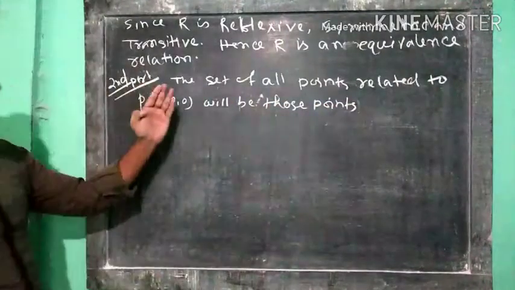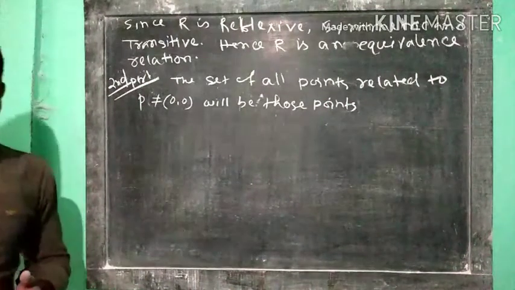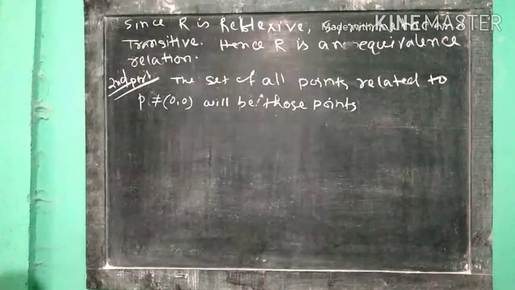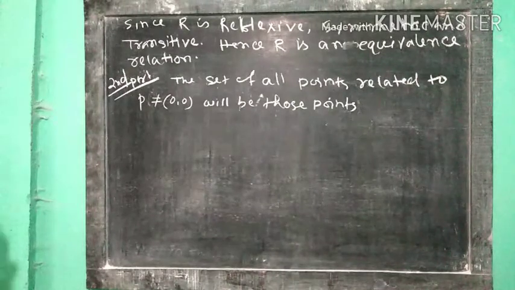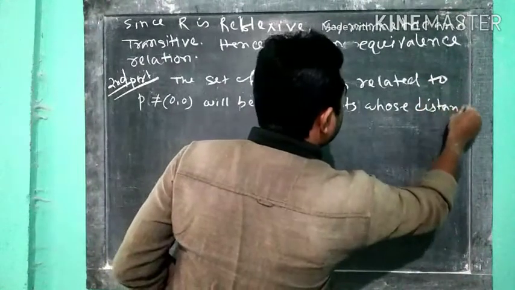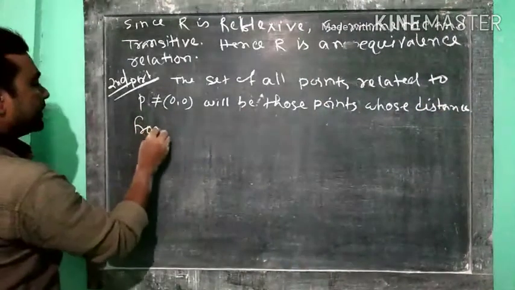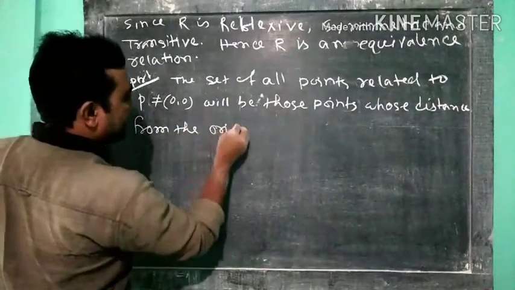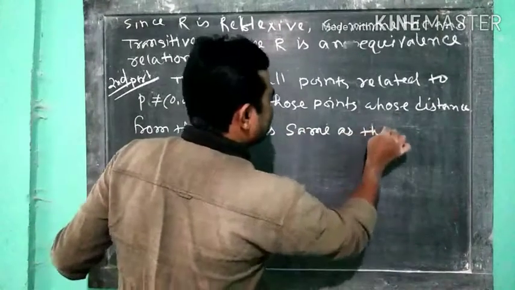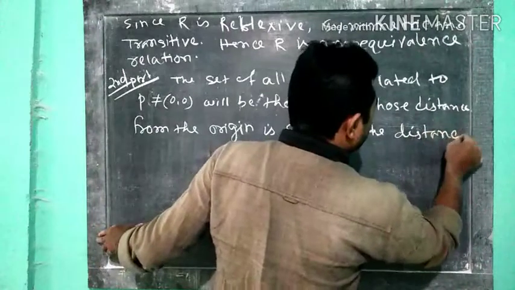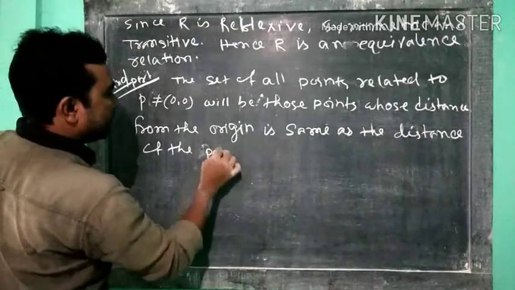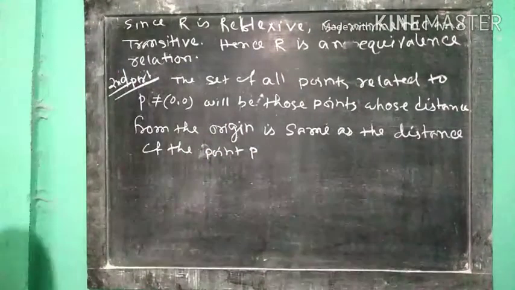the set of all points related to P not equal to 0 will be those points whose distance from the origin is same as the distance of the point P from the origin.